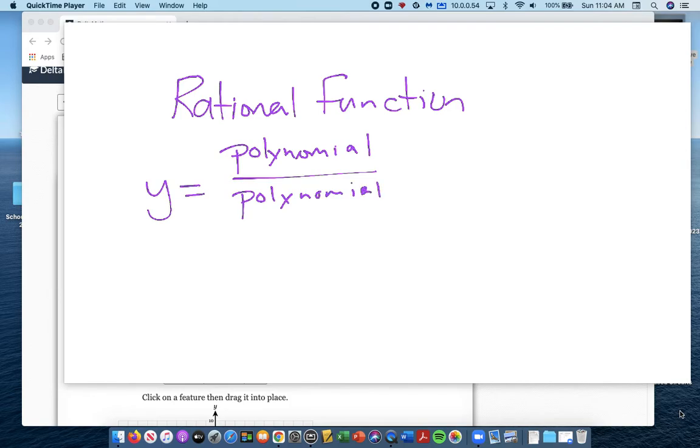Now you might not remember what a polynomial is, but an example of a rational function might be y equals x squared plus 3x minus 4 divided by x plus 7. Something like that, where you have a normal equation that you think about on the top and another normal equation that you think about on the bottom.